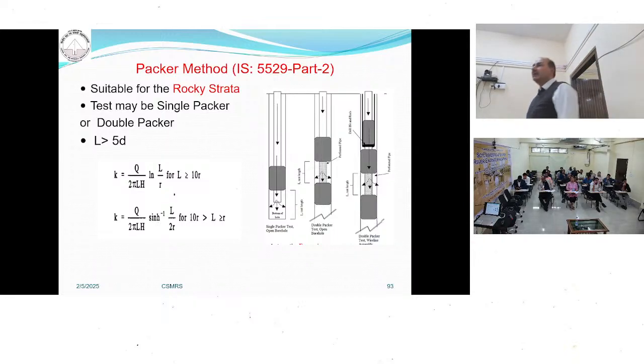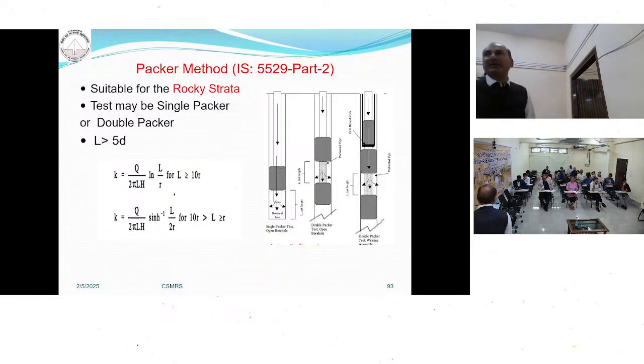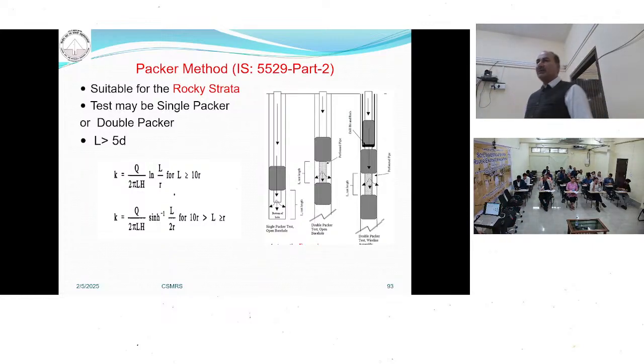Second, when the permeability is low, in the case of rocky strata or any strata that has very low permeability, we carry out the Packer test, which is also called the pressure test. In this case, we make the borehole, and we provide a Packer in it.